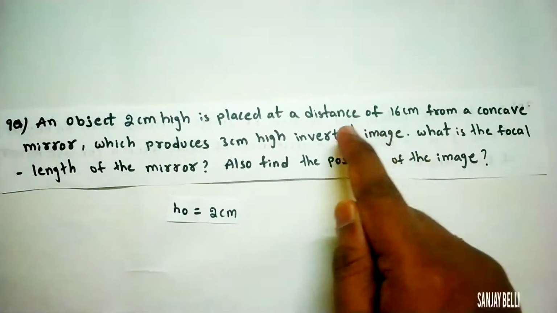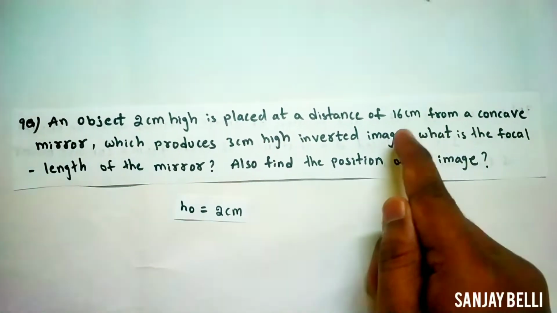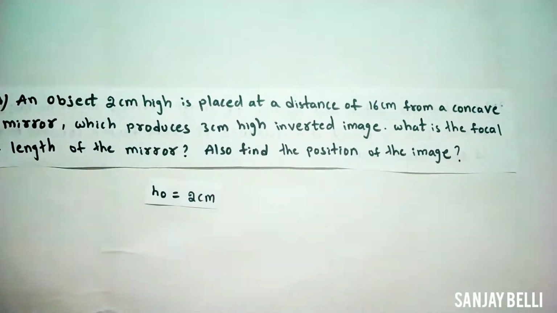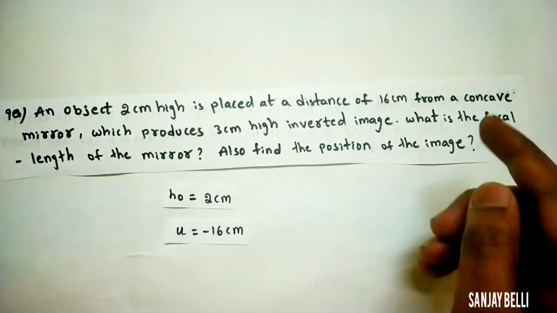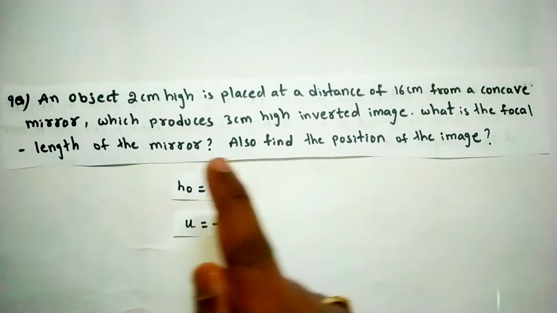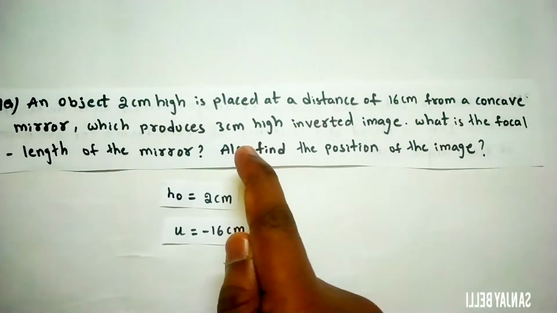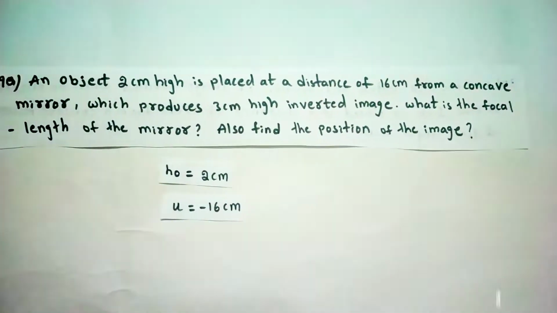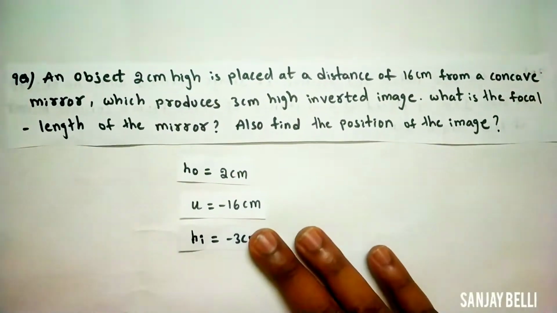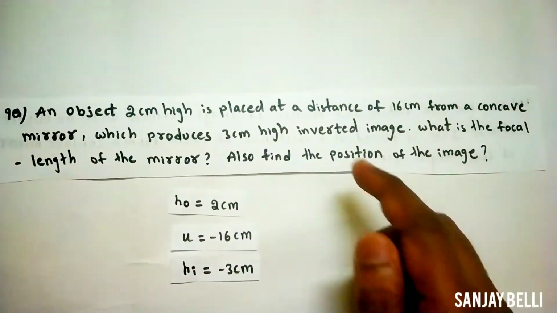He is placed at a distance of 16 centimeters from a concave mirror. That means object distance is equal to 16 centimeters. And here you see, which produces a 3 centimeters height inverted image. So 3 centimeters height means image height. Okay.